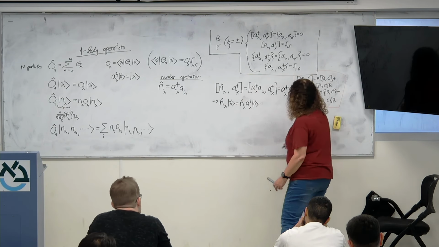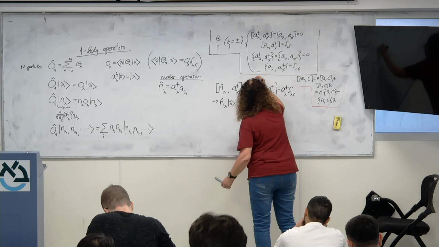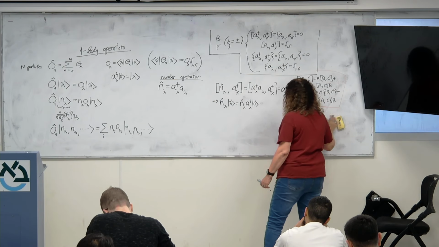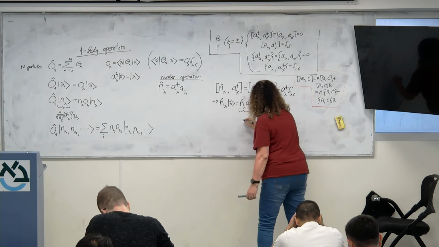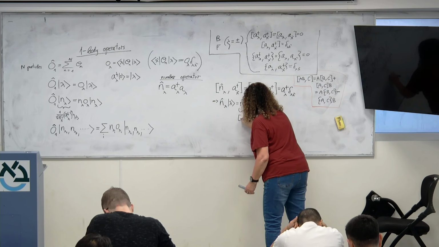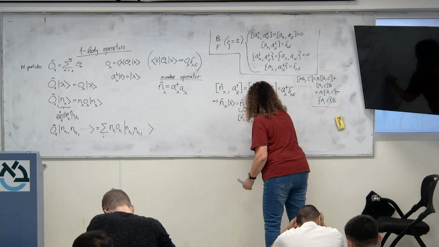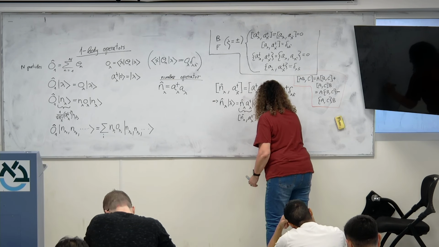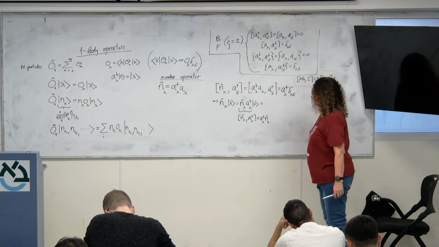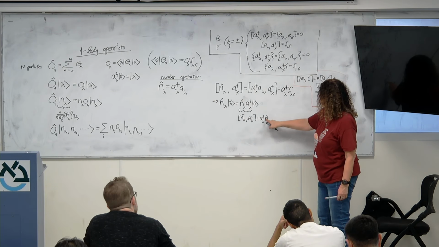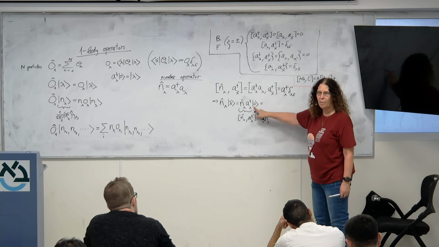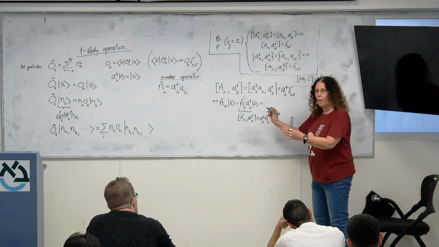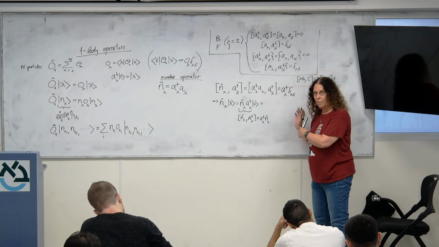So this is just saying that this expression is actually n_λ a_λ† plus a_λ† a_λ. But when the n_λ operator acts on the vacuum, I get 0, because it has the annihilation operator on the right.